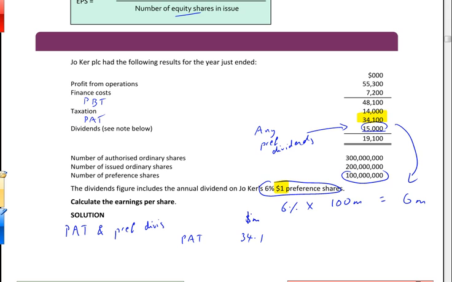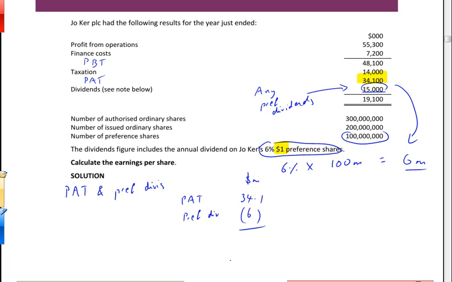And if we take off the preference dividend, which is 6 million, that will give us a profit of 28.1 million. So that's the profit available for the ordinary shareholders.